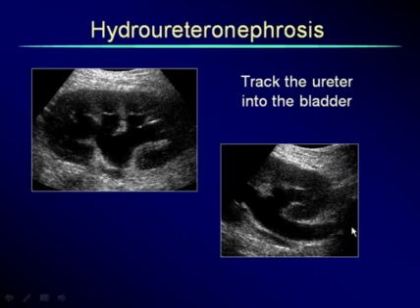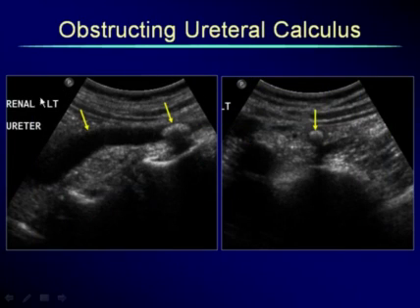So we try to head down into the urinary bladder. We track along the flank. In this case, we come to the culprit. That's a calculus with shadowing. We turn 90 degrees. There it is, causing an acoustical shadow.